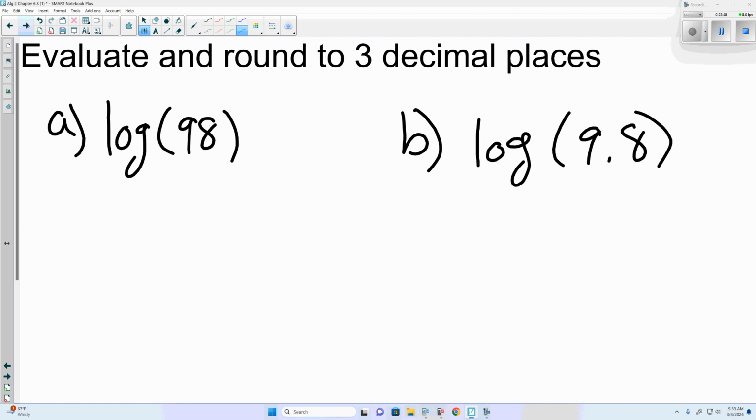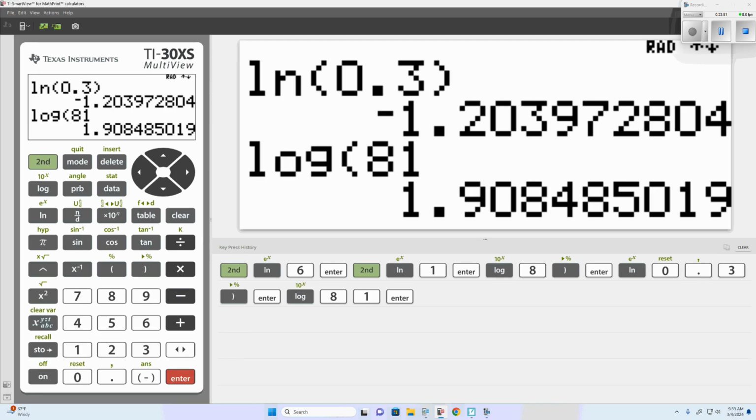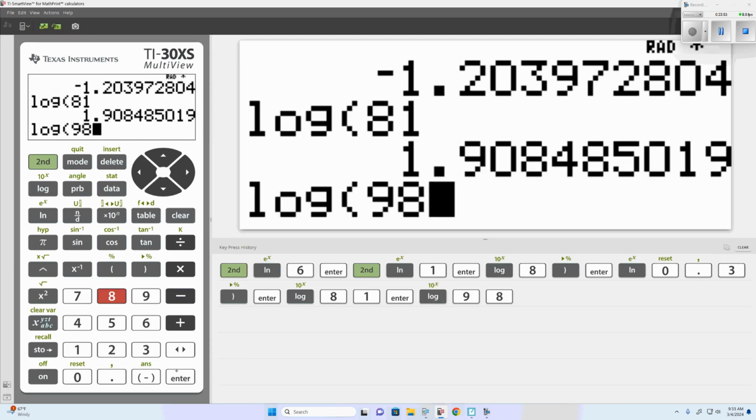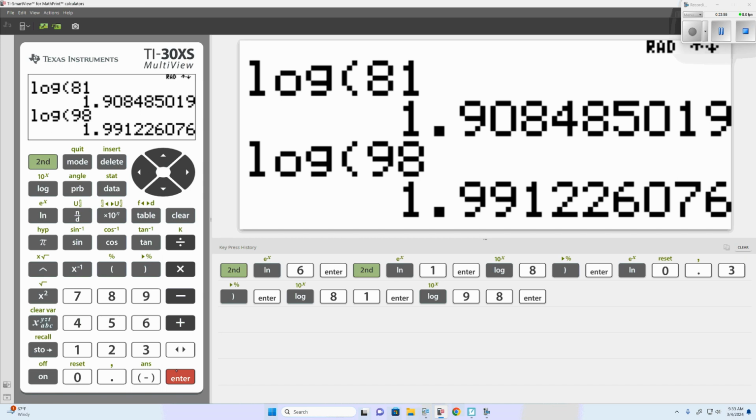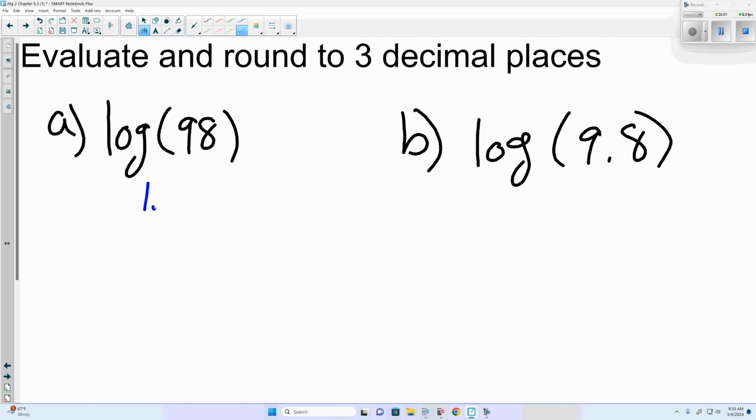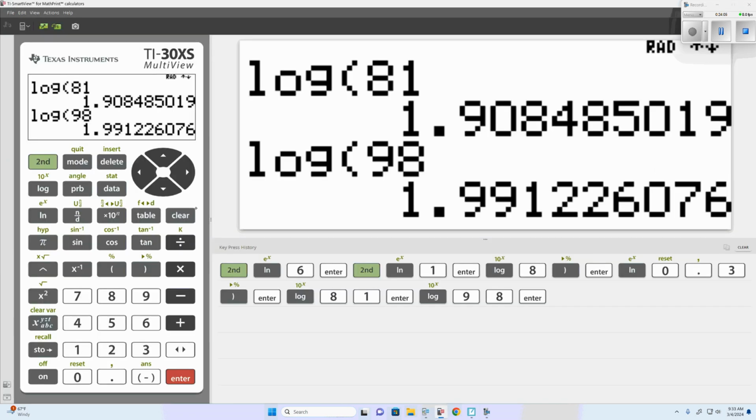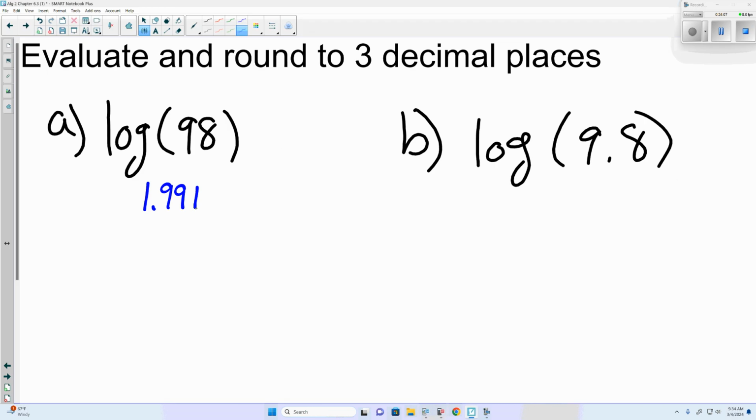Log of 98. So when y'all checked, guys, focus up here. Log of 98 is 1.9912. Did we get that?